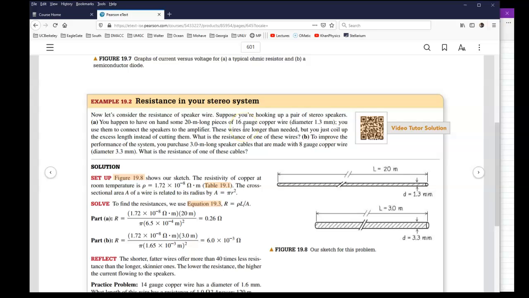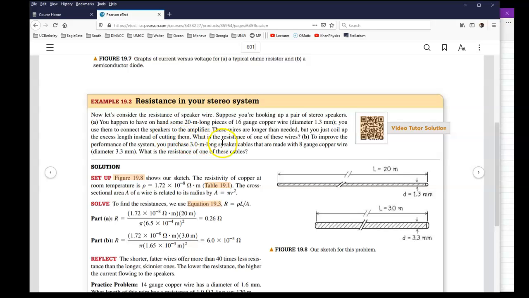It's just a type of electric wire. But it gives you the diameter. The diameter is 1.3 millimeter. So we have a 20-meter long copper wire with a diameter of 1.3 millimeter. All right, you use them to connect the speakers to the amplifier. These wires are longer than needed, but you just coil up the excess lengths instead of cutting them.